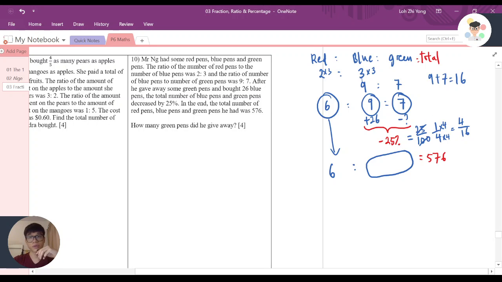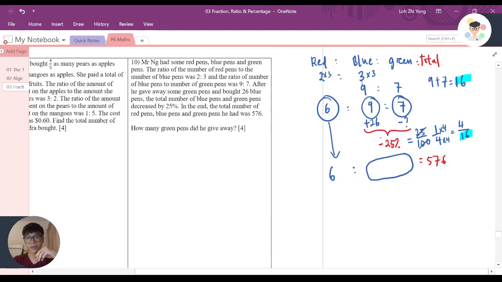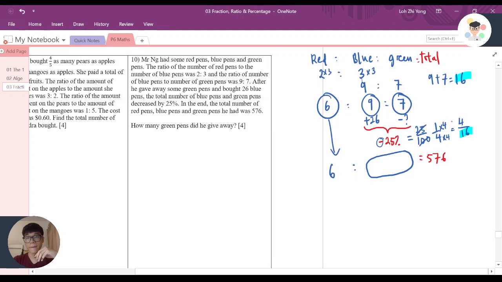Now, if I look at this, you need to recognize that this 16 is representing this 16. Means that out of the 16 units that I have at first, I've actually minus, can you see that? This is a minus. I minus away the 4 units. So 16 minus 4, I know what is left is actually 12 units.